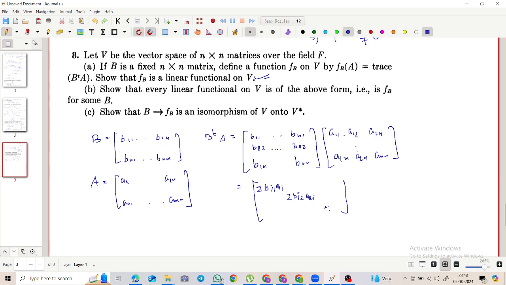So trace of B transpose A will be summation over i, j of B_ij A_ji, isn't it? Right. So this is the trace.